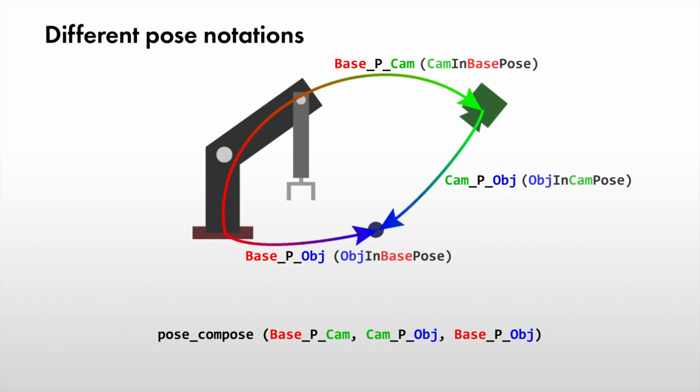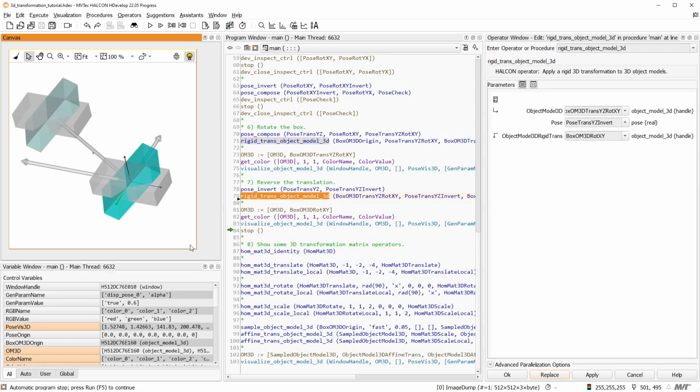This may be easier to read, but it makes pose-compose a bit more complex. As you can see, you can use poses in two ways mainly: the transformation of coordinates from one coordinate system to another, or the transformation of points inside a coordinate system. Additionally, we mentioned that poses can describe a rigid transformation consisting of translation and rotation.